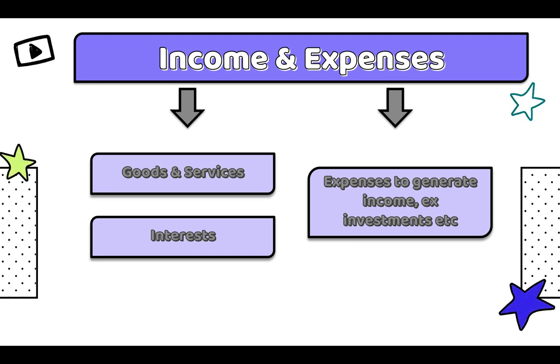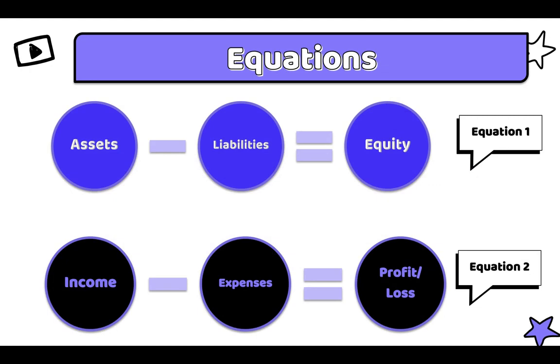Now we have two equations. One is our balance statement equation, the basic accounting equation: assets minus liabilities equals equity. Let's call it equation 1. And the other one is income minus expense equals profit or loss. That will be equation number 2.